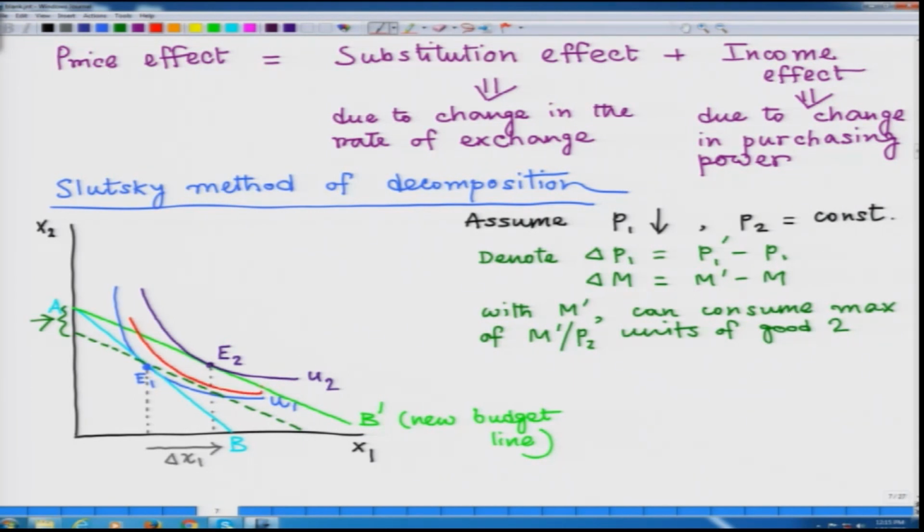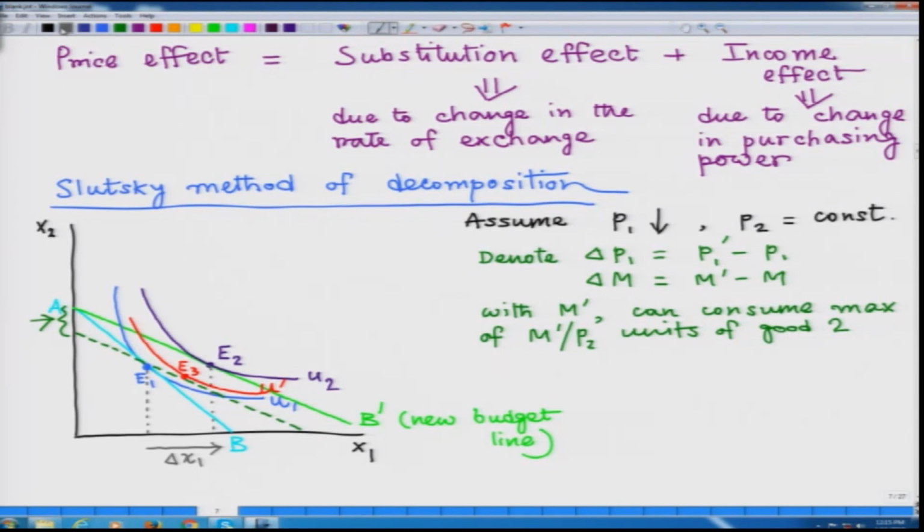Let us assume that the consumer's new budget line, this broken line, is tangential to some indifference curve denoting utility level u prime, and the consumer reaches equilibrium at this tangency point. Let me name this E3.